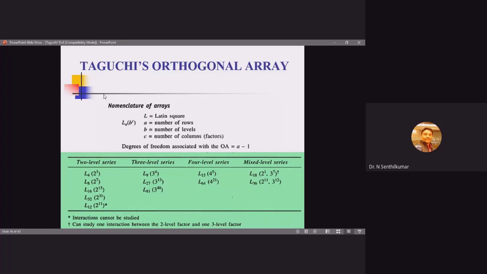In RSM, we have a concept called split plot design, in which we have 2 different types of parameters: hard to change parameters and easy to change parameters. The hard to change parameters will be kept within 2 level values, whereas the easy to change parameters can be varied through different levels.